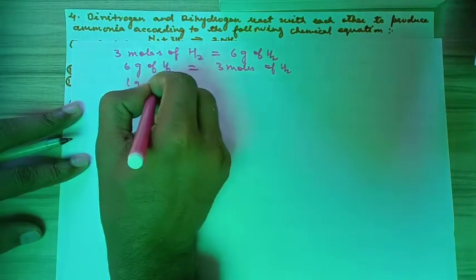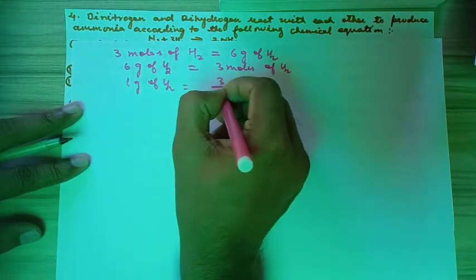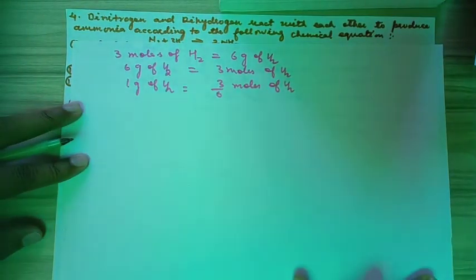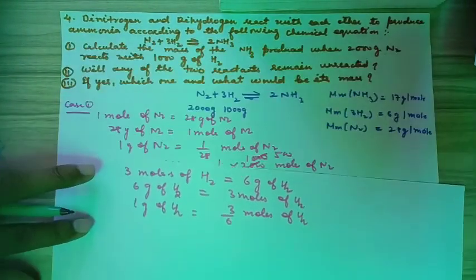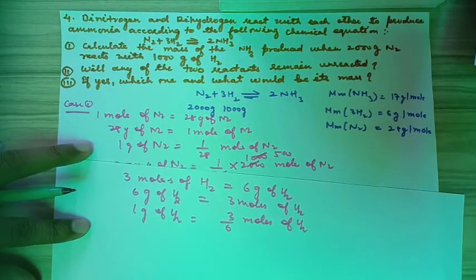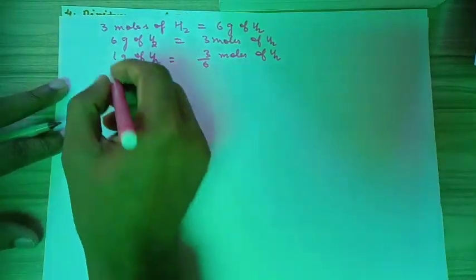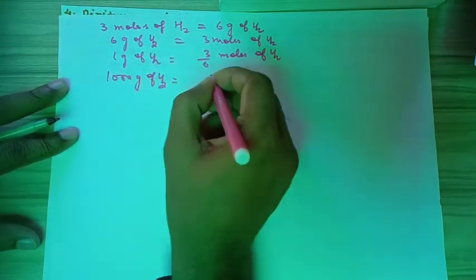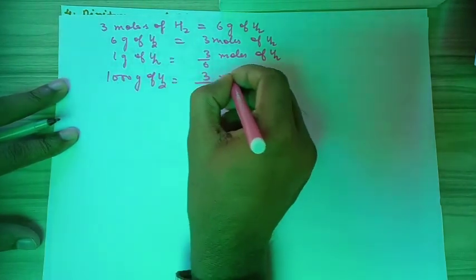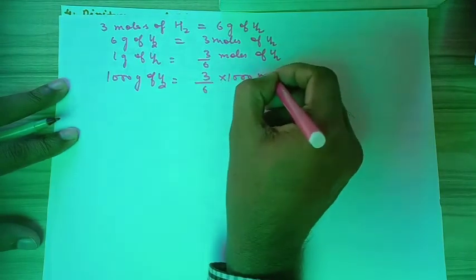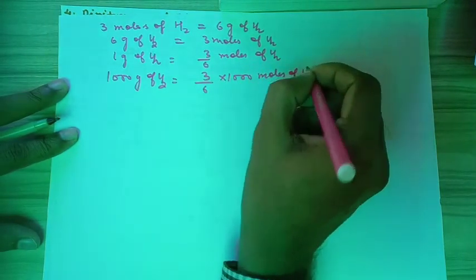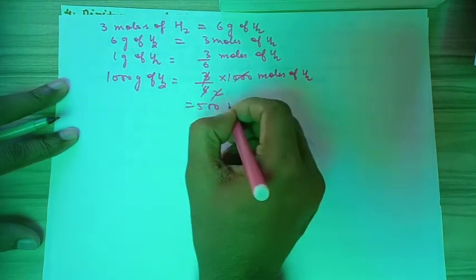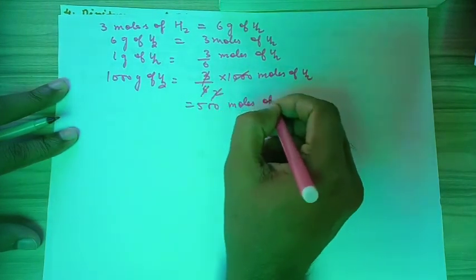So 1 gram of hydrogen will provide us 3 by 6 moles of H2. From the question it is given that 1000 gram, so 1000 gram of H2 will provide us 3 by 6 into 1000 moles of H2. So we'll obtain 500 moles of H2.